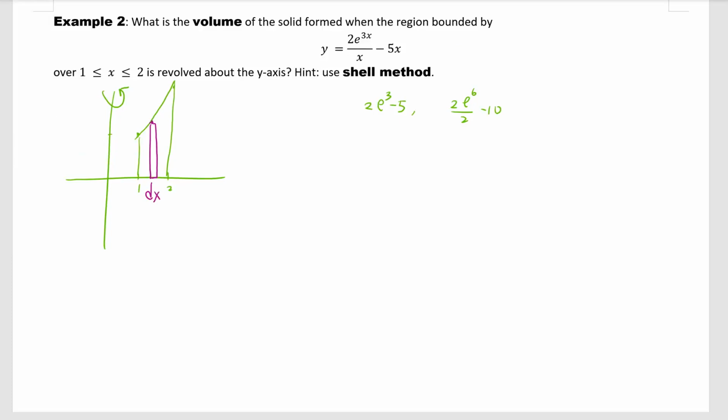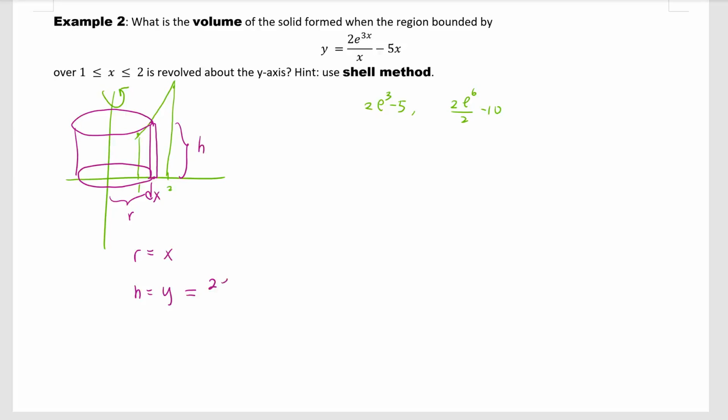So draw what happened to the endpoint when we rotate. We get a cylinder, so we have R and H. So R in this case is the x, right? Remember, horizontal distance is the x, vertical distance is the y. And because we have dx, we want to express the y in terms of x.